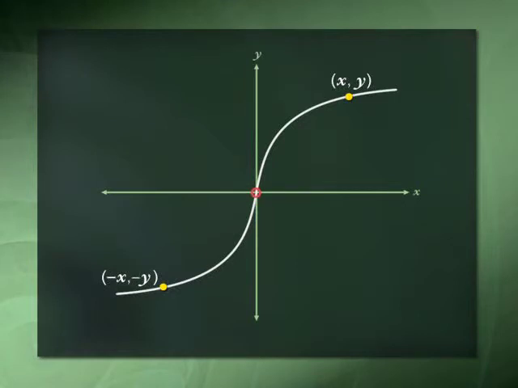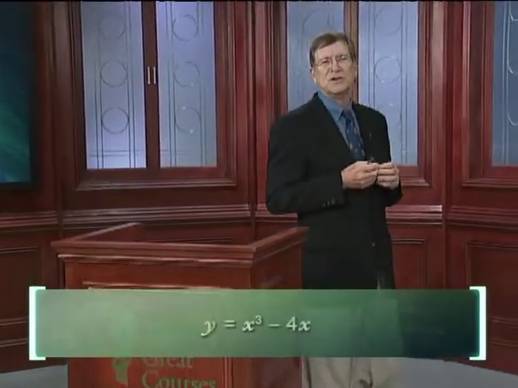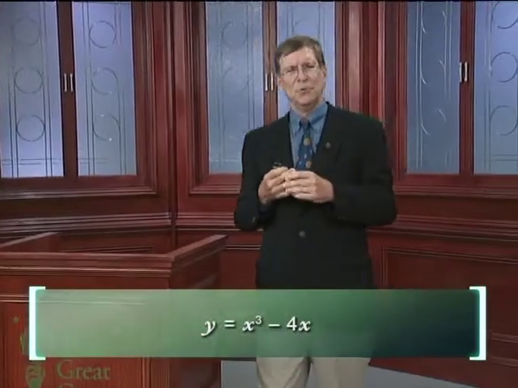And in this case, we say that a graph is symmetric with respect to the origin if whenever (x, y) is on the curve, then so is the point (minus x, minus y), which is on the line that passes through the origin. Good. Let's look at an example of a problem involving symmetry. Let's consider our curve that we looked at earlier, y equals x cubed minus 4x.